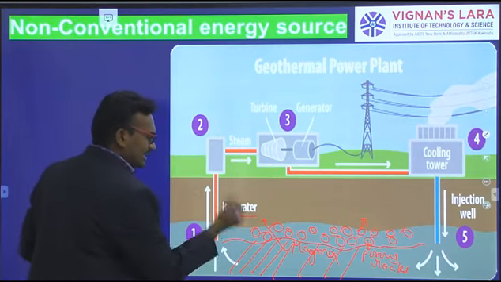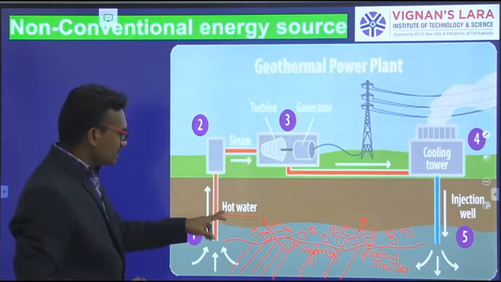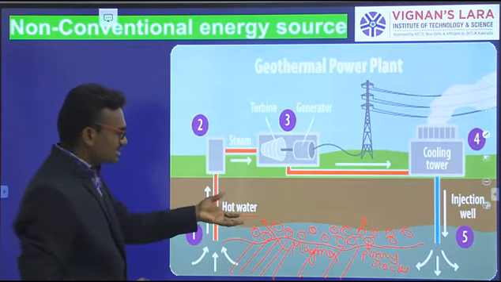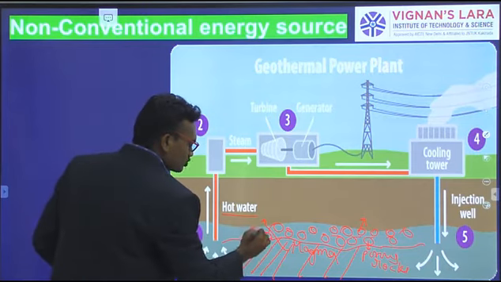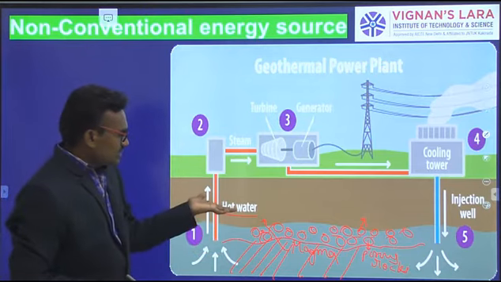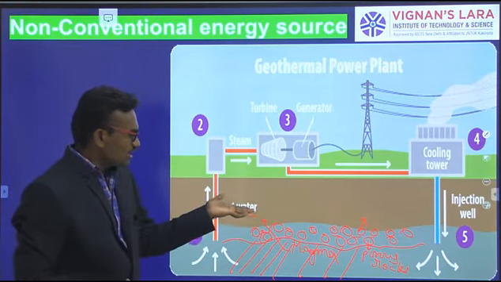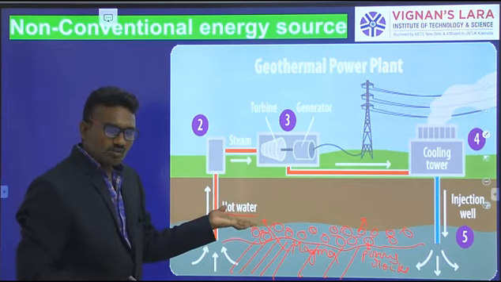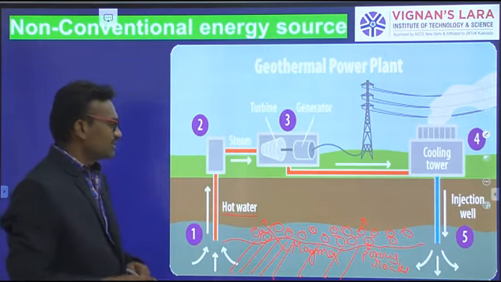The water is heated by the temperature, which is increased by the magma. The porous rock surface area contains hot water, which is warmed by the heat of the magma.